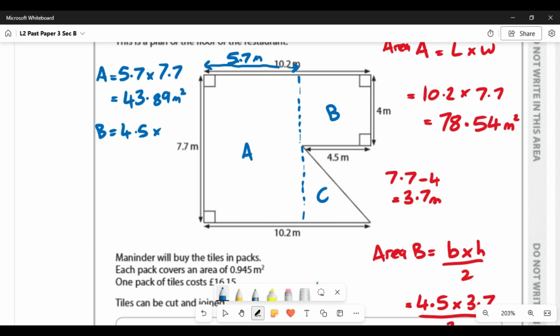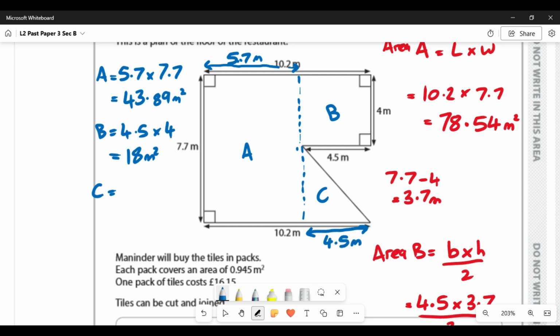For B, that'll be 4.5 times 4, which is exactly 18 meters squared. And for C, again, I'm going to need this length here, which is the base, and that will be 4.5, which is there.